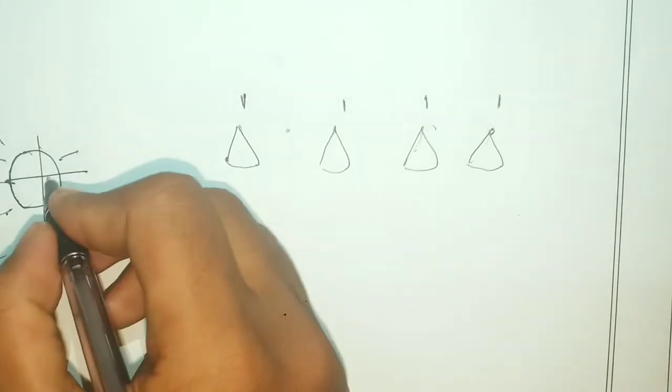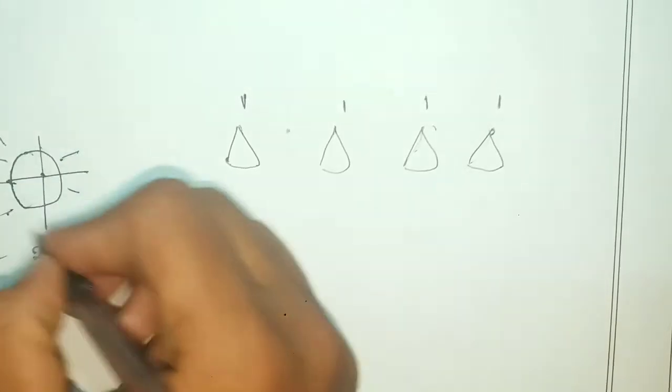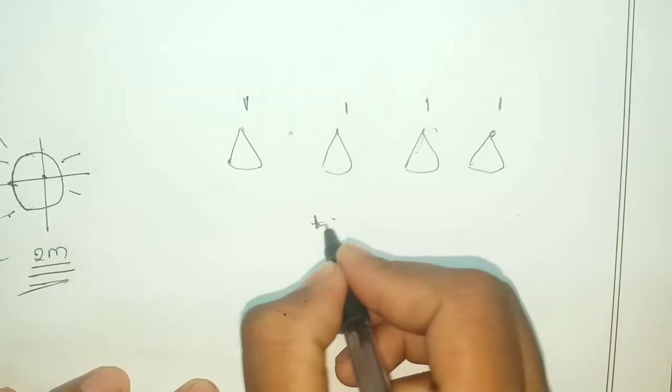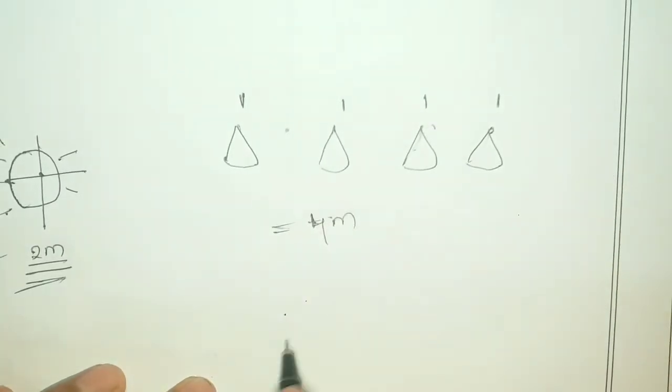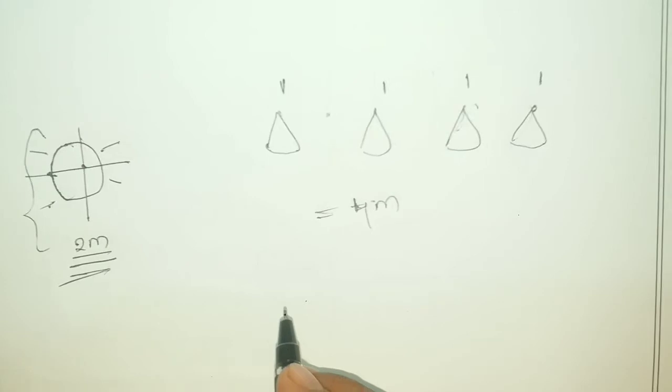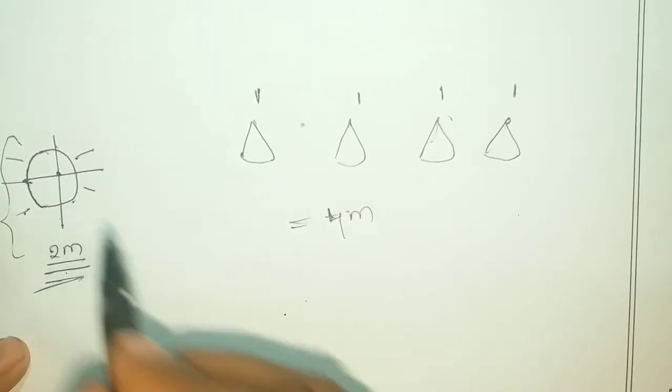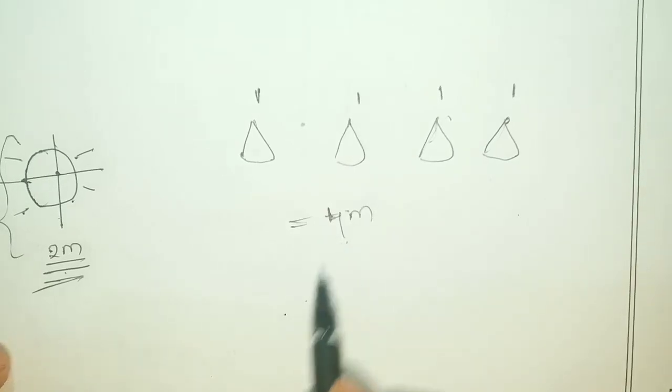When we cut this surface, the total becomes 4 meters. So as the particle size decreases, the surface area increases.